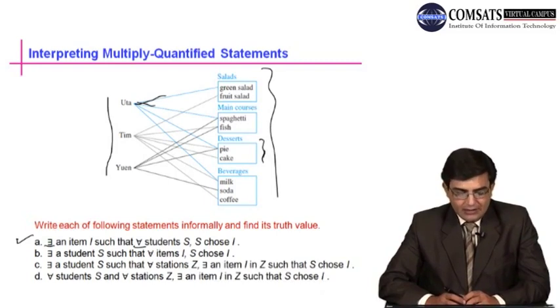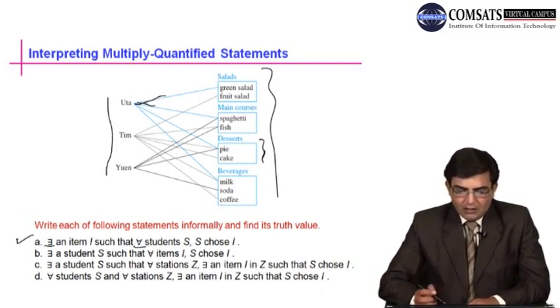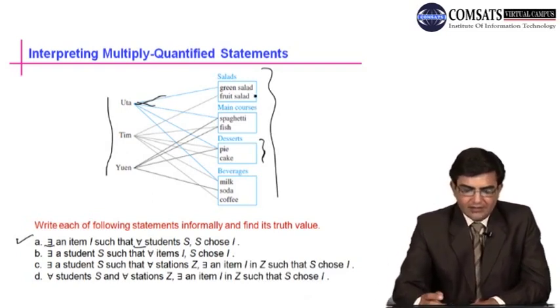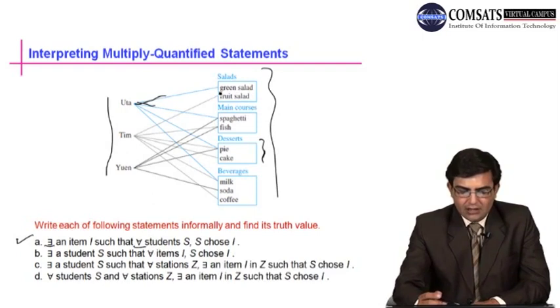For example, green salad is chosen only by Uta, fruit salad by Tim. Spaghetti is chosen by Uta and by Yuan, but Tim has not selected this item. Fish has been chosen by Tim and by Yuan.